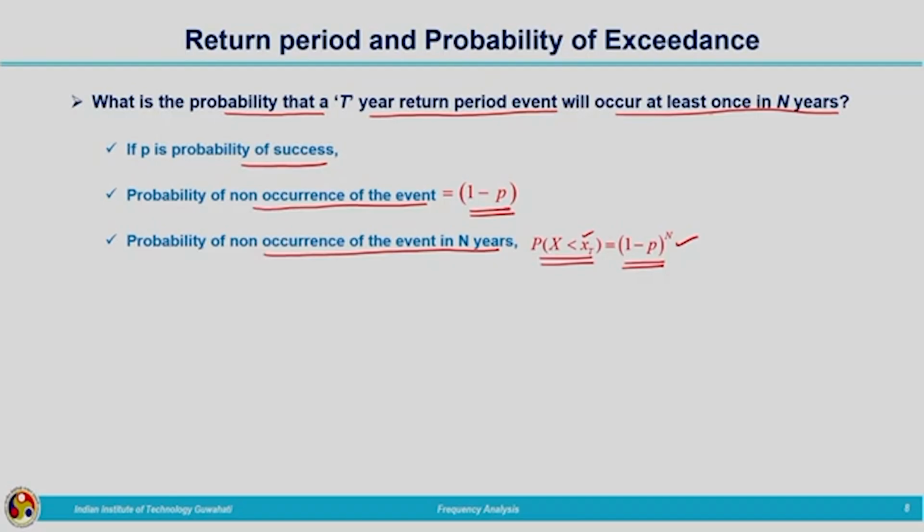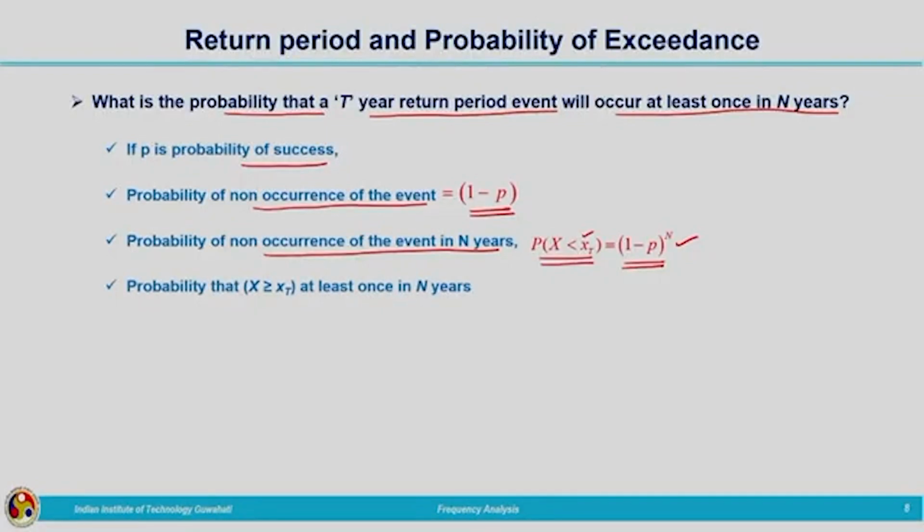So, if that is given by (1 minus p) to the power of n, what will be the probability of occurrence of an event at least once in n years? That is, the probability that X greater than or equal to x_T at least once in n years. This is the complement of this particular event. (1 minus p) to the power of n is representing the non-occurrence of an event in n years.